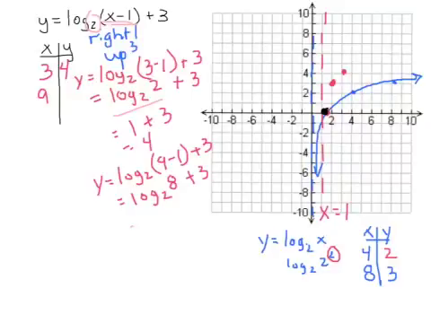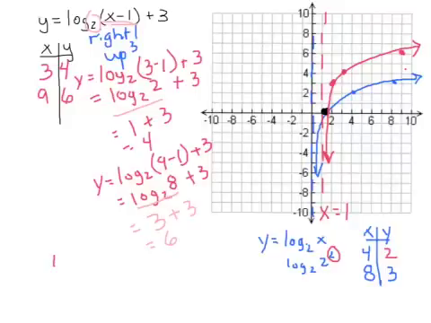Now, log base 2 of 8, this quantity right here, is saying 2 to what power is 8? Well, 2 to the third is 8. Plus that extra 3 gives me 6 for my y value. So over 9, up 1, 2, 3, 4, 5, 6. Okay? So you see the same basic graph looks something like this, and as we approach the asymptote, it's going to go infinitely downward.